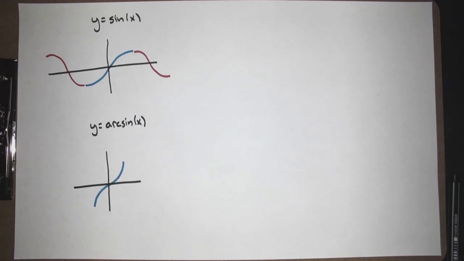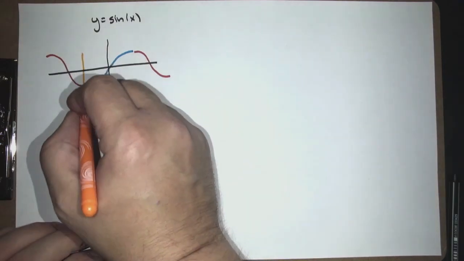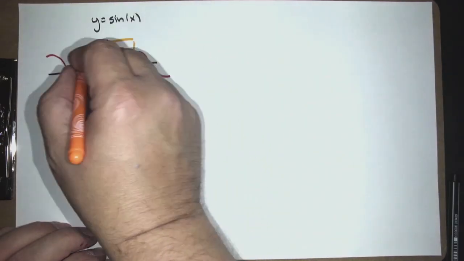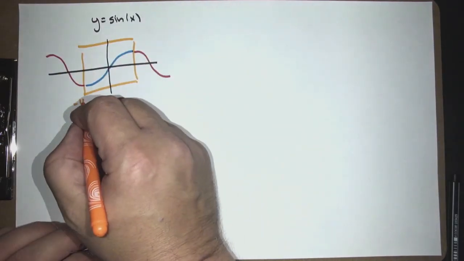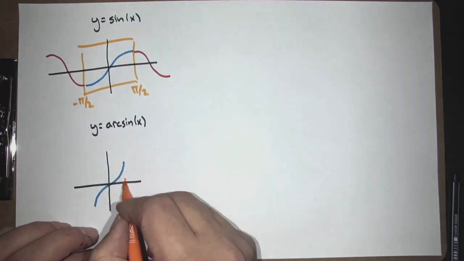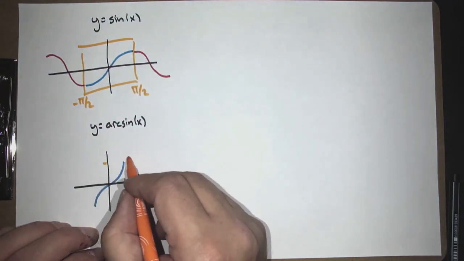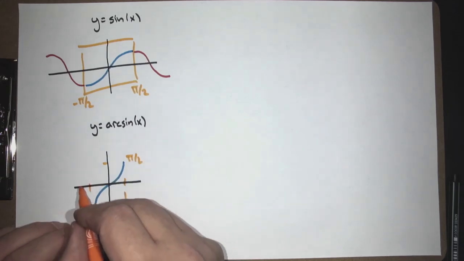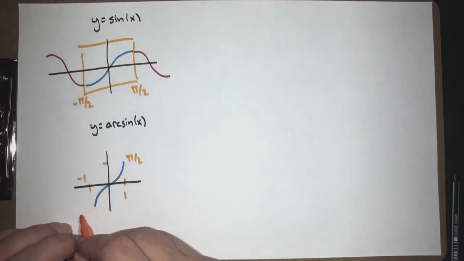Same thing that we had with tangent. You have to take a part of the sine function. You can't take the whole thing. And the part that you take is this piece here. It runs from negative pi over 2 to positive pi over 2, which says that the highest value of arcsine is at pi over 2, and the lowest value is at negative pi over 2.